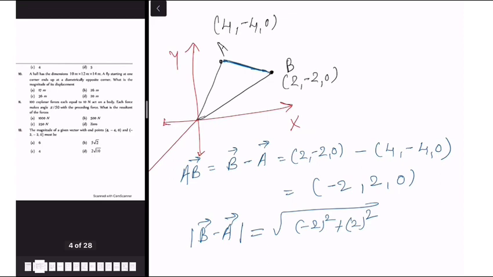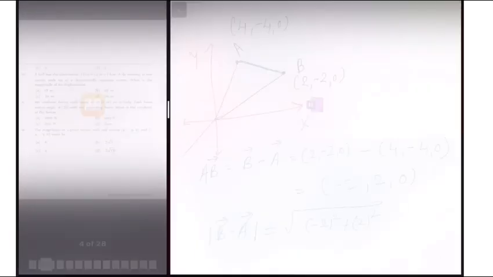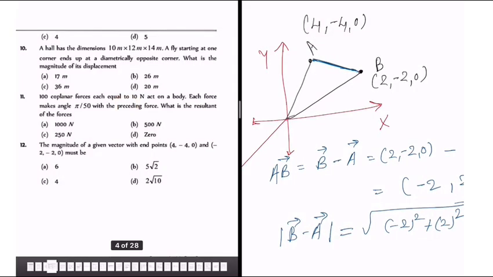Oh, the coordinates of vector B is not 2 comma minus 2 comma 0. The coordinates are minus 2 comma minus 2 comma 0.